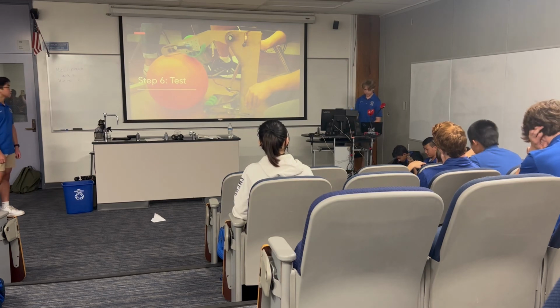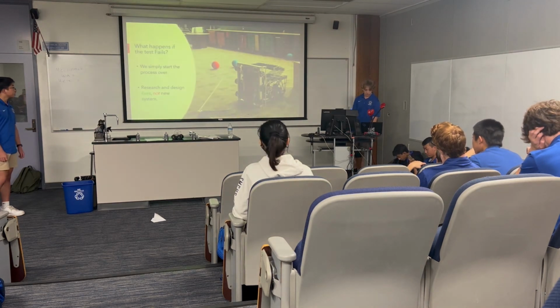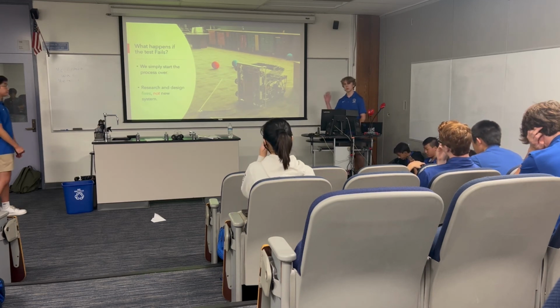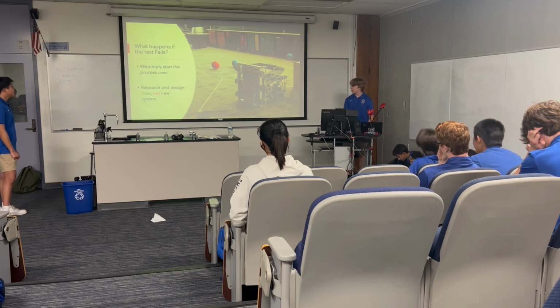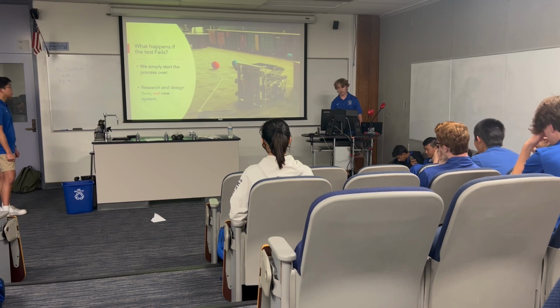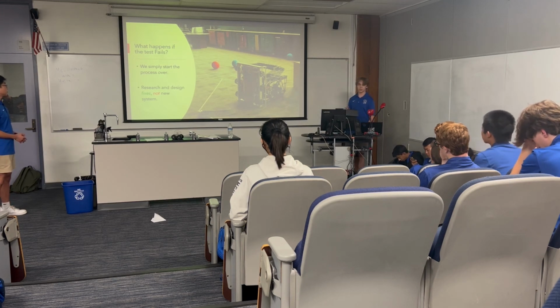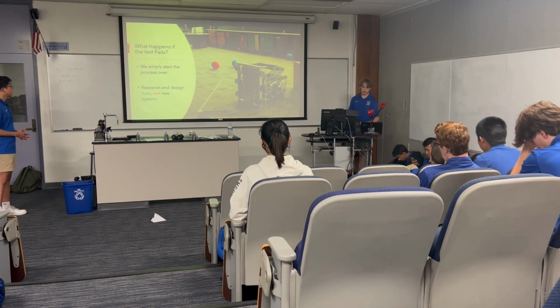So that's normally the final step. However, when your test pretty much inevitably fails, we have to start the whole thing over with a few modifications. So instead of researching and designing and prototyping a completely different system, we generally want to research and modify the system that we already have.